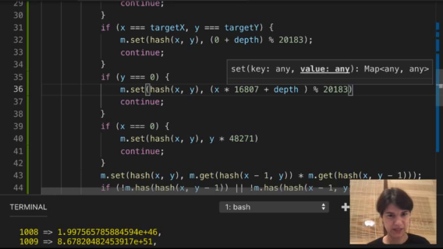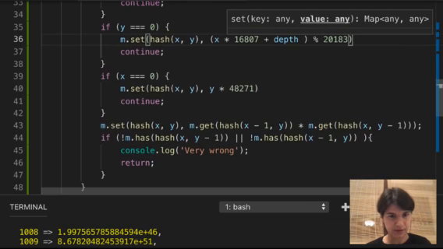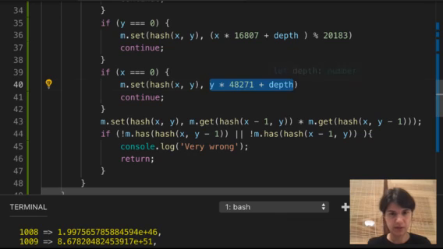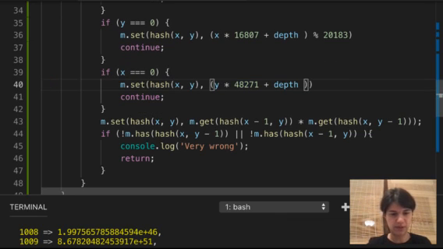Okay, so it's always this number. And then here we also want to add the depth. Nope, wrong buttons. Add the depth and then modulo 20183. Okay, and then let me just double check the last condition.